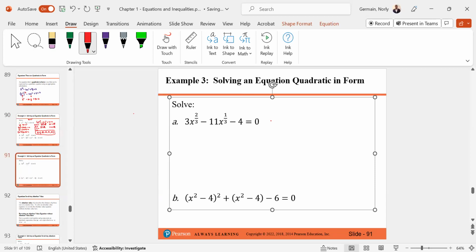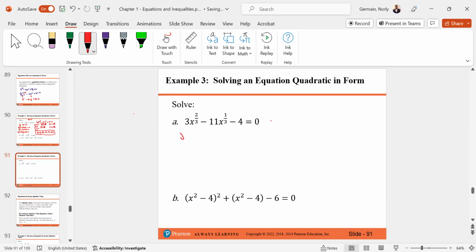So if you want, you can rewrite this one as 3 times x^(1/3) squared minus 11 times x^(1/3) minus 4 equal to 0. Now, if you let u equal x^(1/3), you have 3u squared minus 11u minus 4 equal to 0.